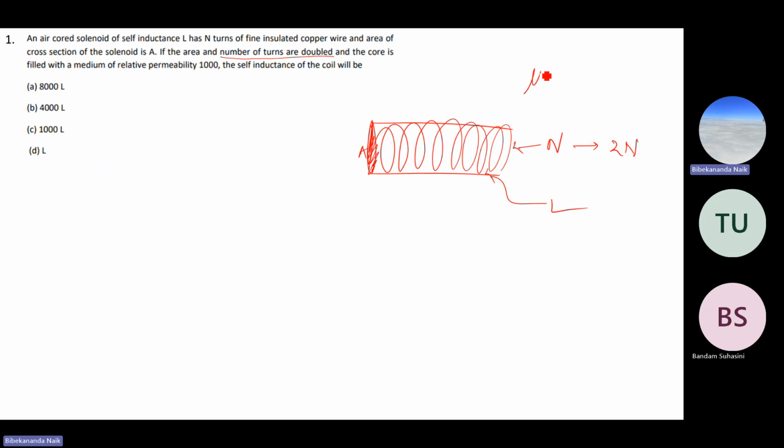So the mu, which is the relative permeability, is 1000. Now, what will be the new self-inductance of the coil produced as a result of these changes? I will request you to try this question, and after a few minutes we will discuss.